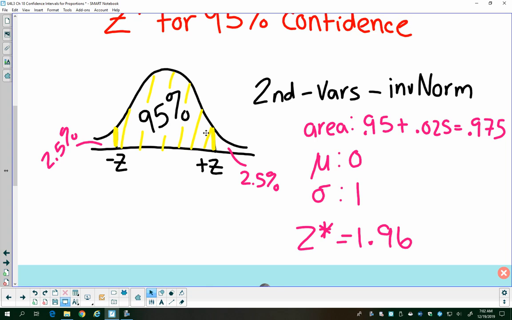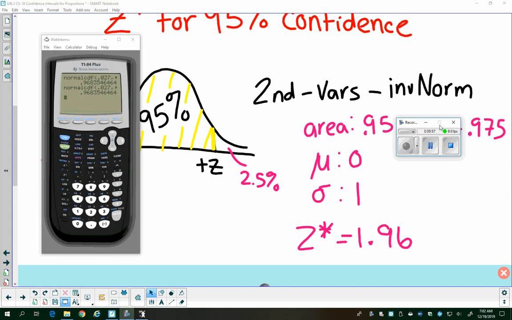If 95% is in the middle, then there's 2.5% left over in each tail, because this is symmetric, so the area is the same on both sides. We can find the z value on our calculator by doing second vars, inverse normal. Let me pull up the calculator so we can do it.